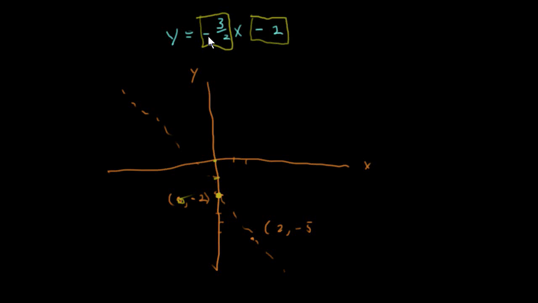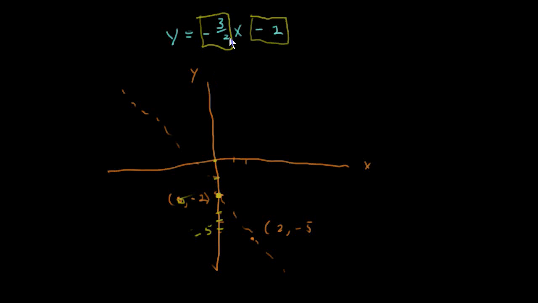The slope is -3/2, and what that means is from any point, and we do have a point, if we rise a -3, well, that just means go down 3. So if I go down 3 units, I was down at -2, 3 more units, I'll be down to -5 down here. And run +2.